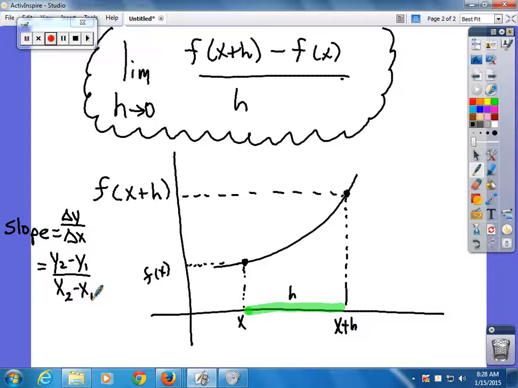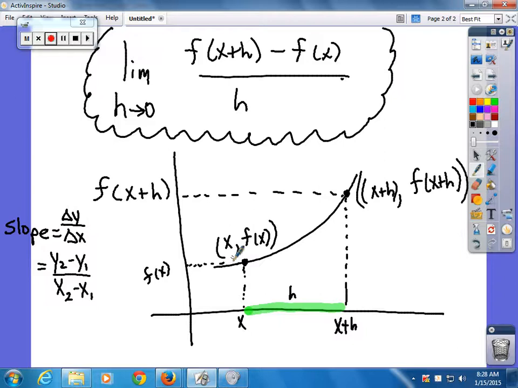So what's y sub 2? Well, here's your y sub 2 right here. Just remember, put your points like this. X plus h, comma, and f of x plus h. There's your 2 points. Okay? X and y. Here's your 2 points down here. X and f of x. Here's your 2 points here.